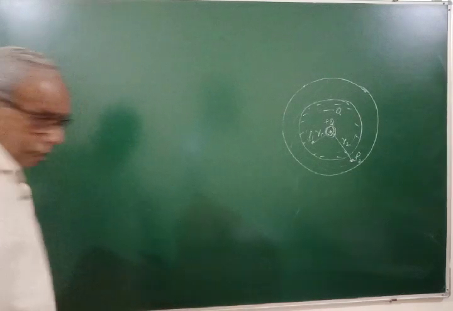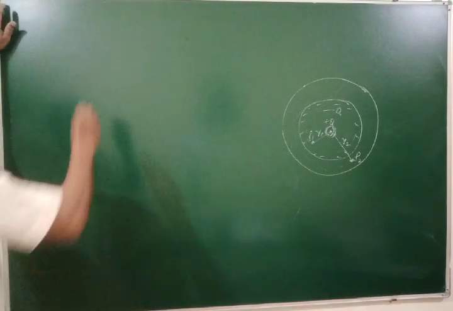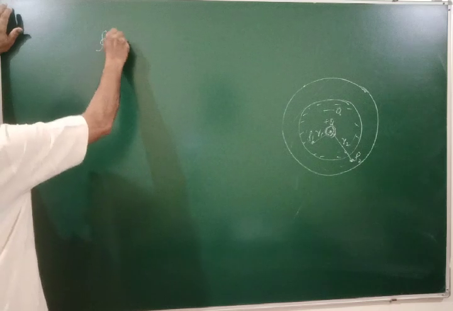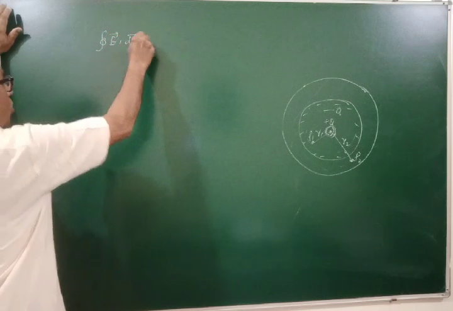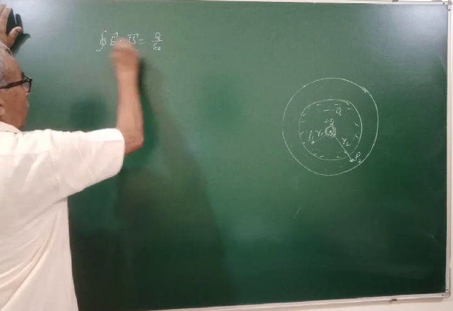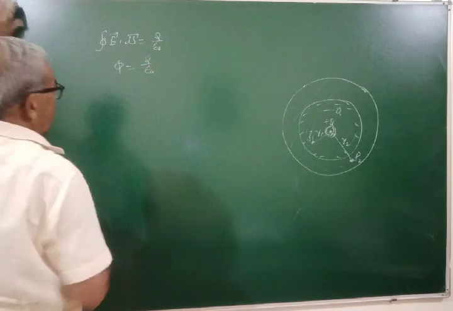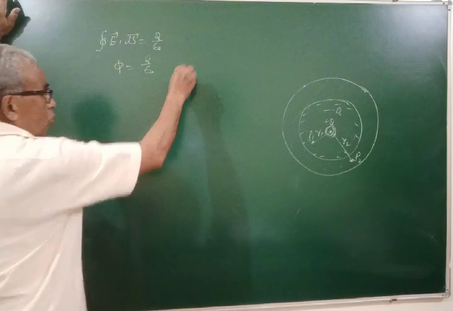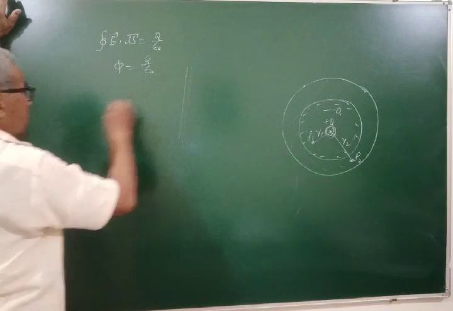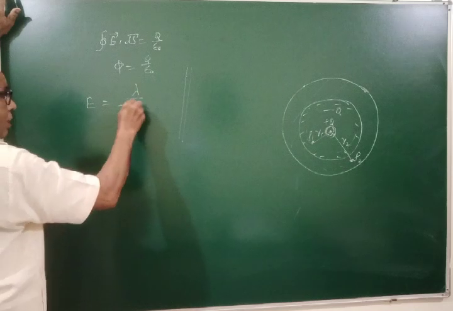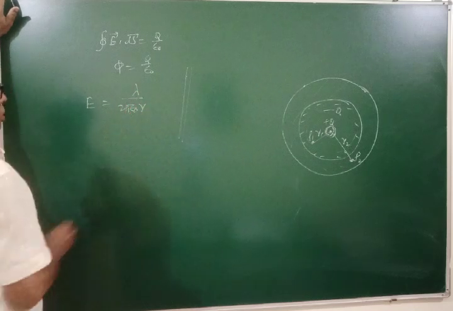Till now, I have told you Gauss theorem says that integration E dot ds is equal to q upon epsilon 0, and this is called electric flux, phi equal to q upon epsilon 0. Then I determined the electric field due to a long linear charge distribution, that E was lambda upon 2 pi epsilon 0 r.